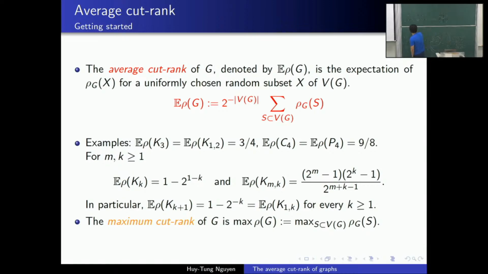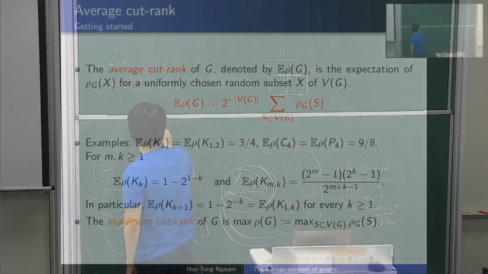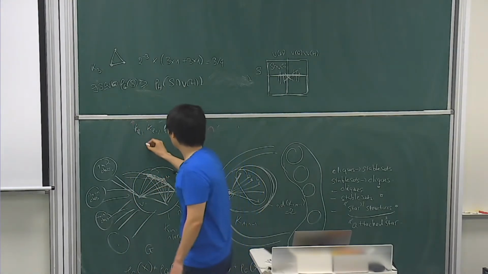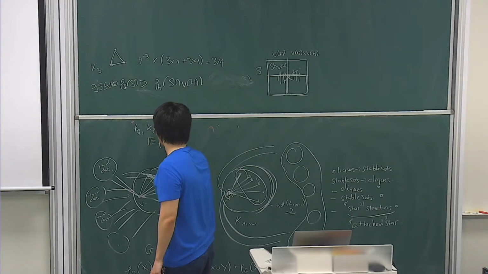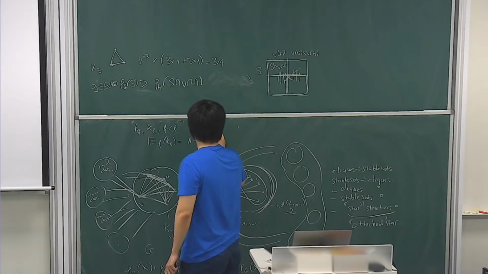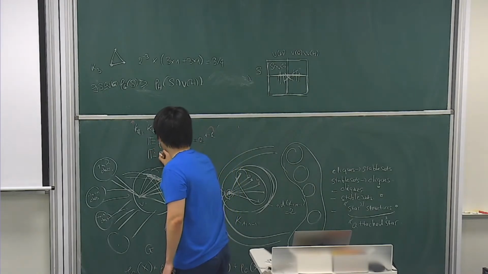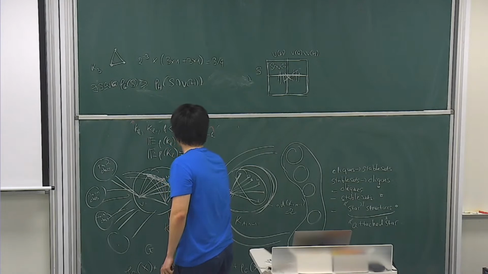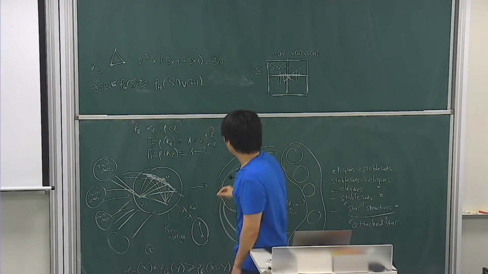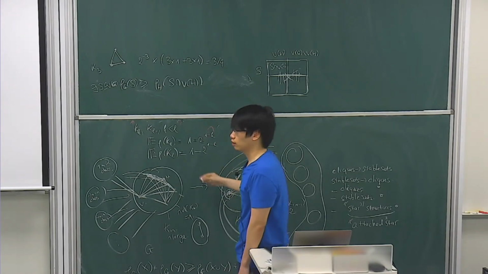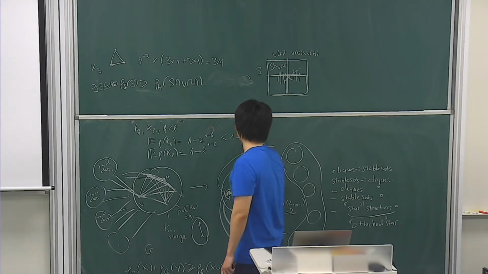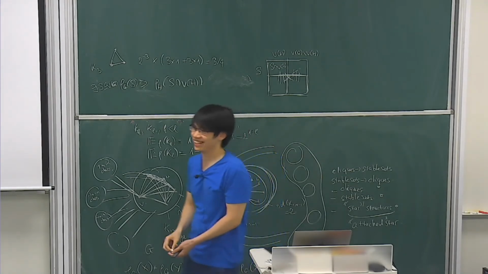So let's say K and K_L, where K is smaller than L. Oh yeah, I see. Yeah. Okay.